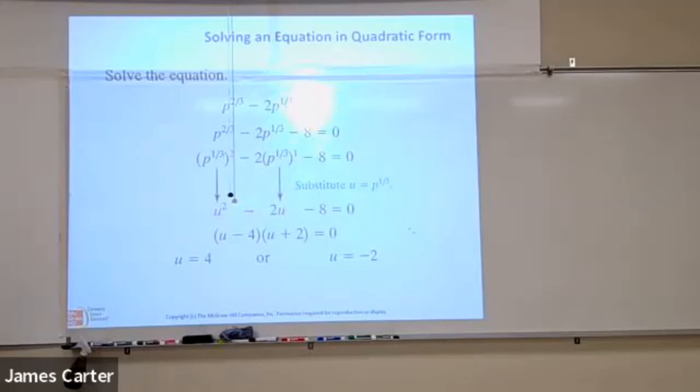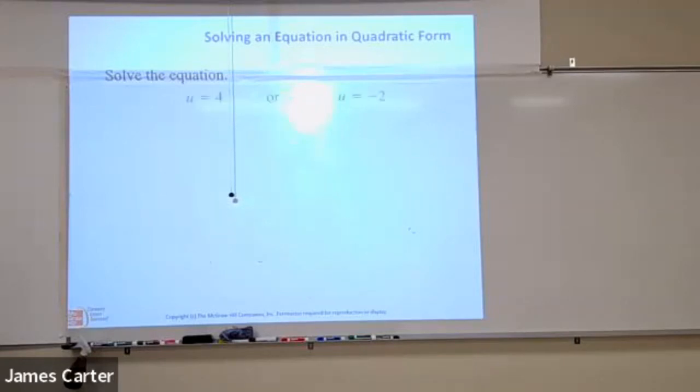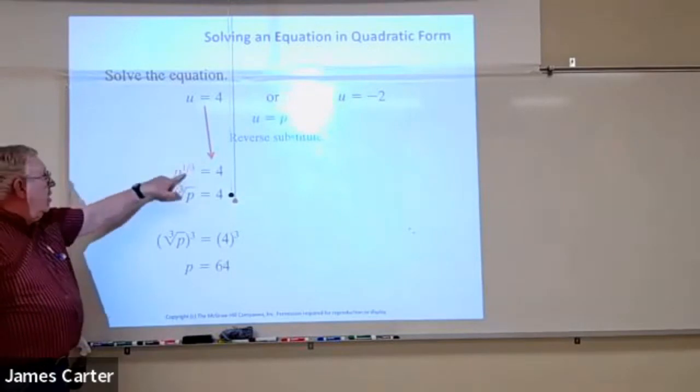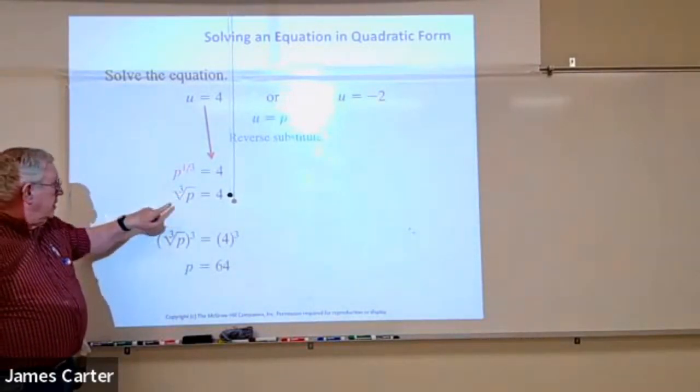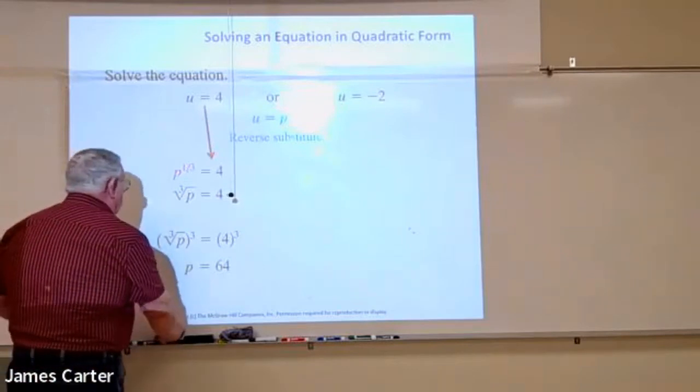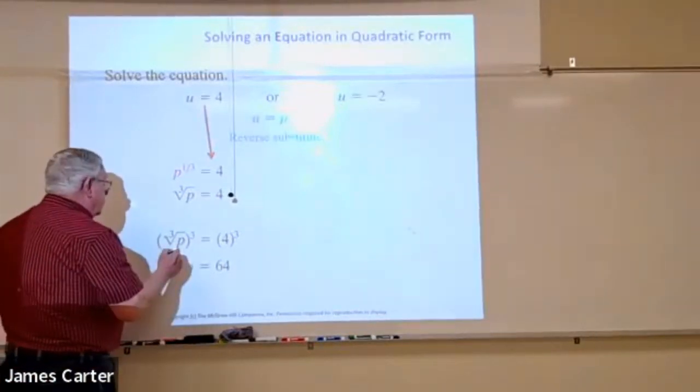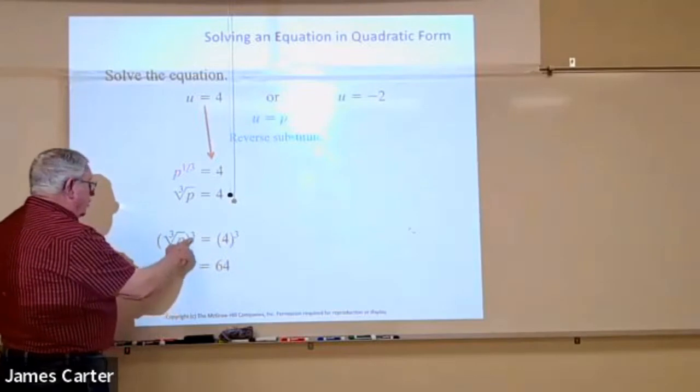Yeah, everyone okay? Okay, so I've got to replace that back in. And here's how we do this. Now, we do put this in cube root form. And what they're not showing here is, well, actually, they did show it, good for them.